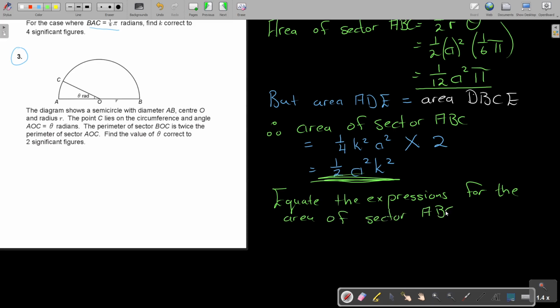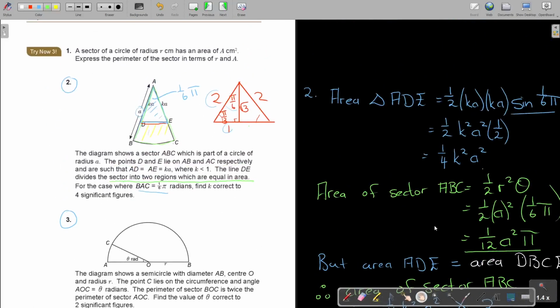I'm just going to stop, and I really just want you to make sure that you follow what I did. Basically, I worked out this area, but because I know that this area is equal to this one, I took this blue area and multiplied by 2 to get an expression for the area of the sector.